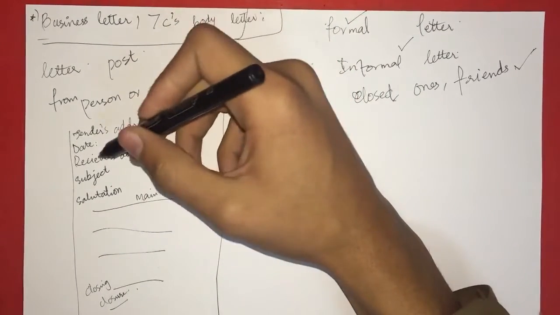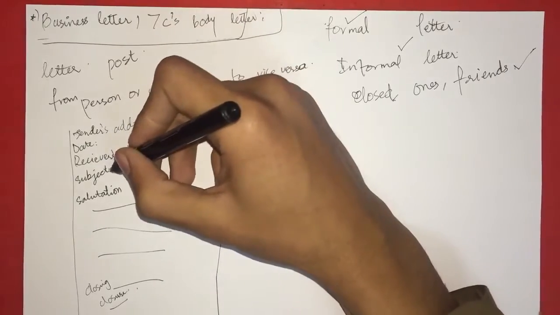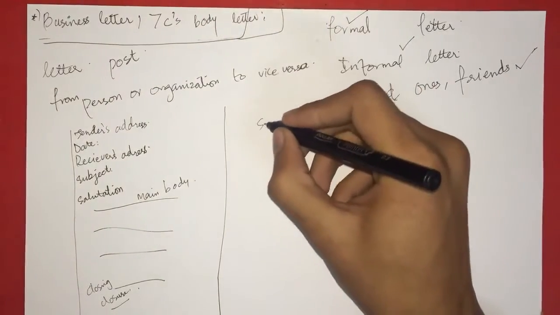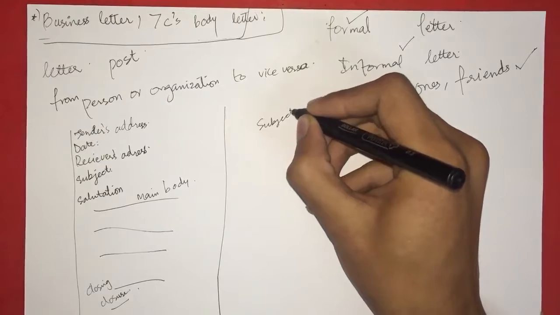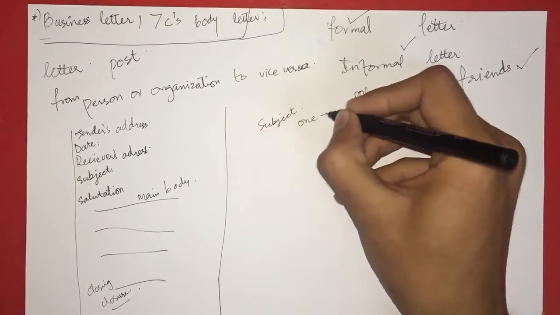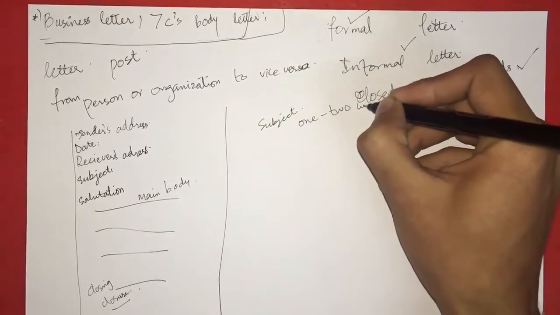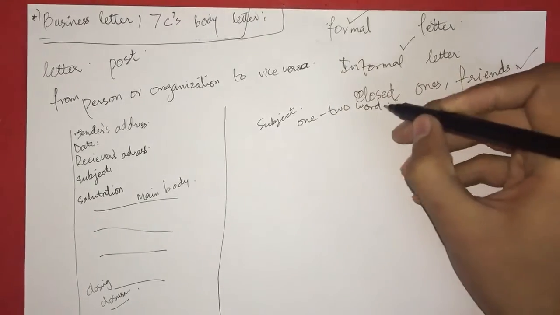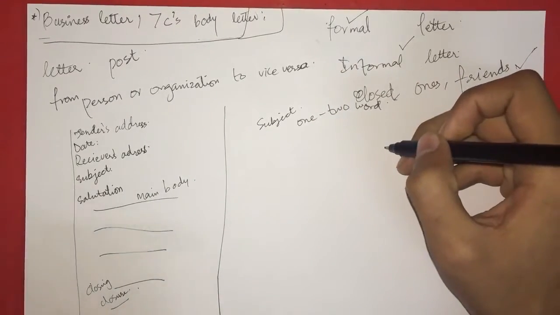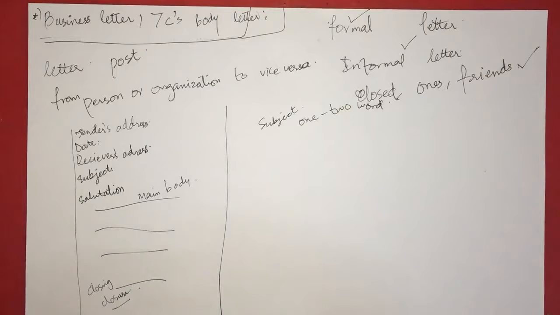Date, receiver's address, subject. A subject of the letter is a one or two word explanation of the topic in hand. It basically summarizes your whole reason why you wrote the letter.